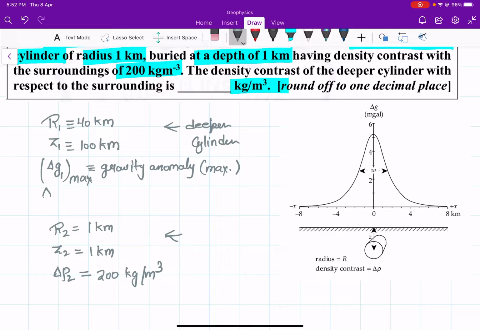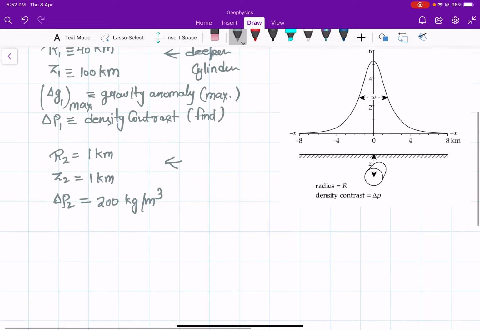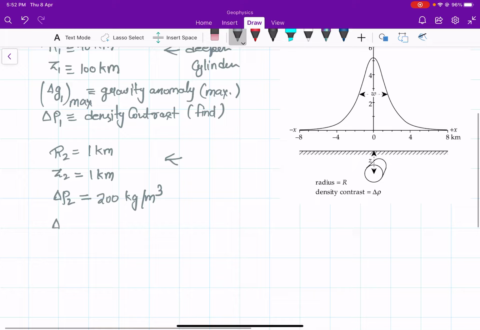Suppose del rho 1 is the density contrast, and we have to find this. The aim is to find del rho 1, and suppose del g2 max is the maximum gravity anomaly for cylinder 2.